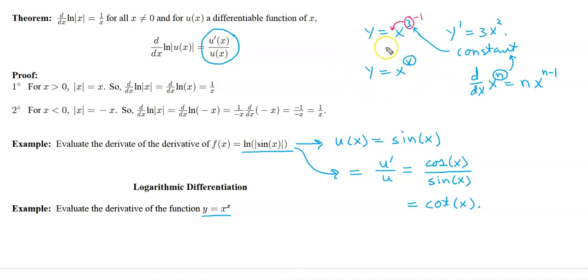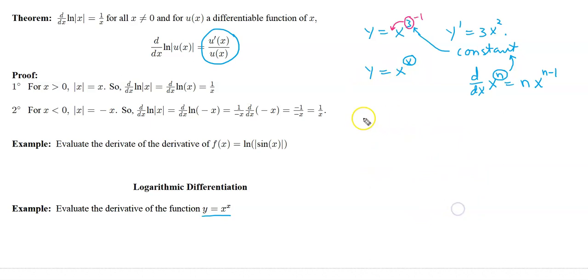So how do we evaluate the derivative here? Well, what we have to do is we have to get that x out of the exponent somehow. And the way you do that is by taking the natural logarithm of both sides. So let's do that here. If we start with y equals x to the x, we have to get this x out of the exponent.